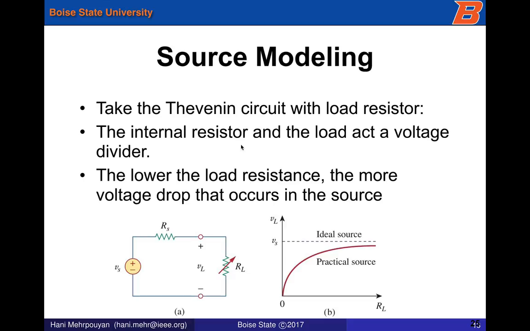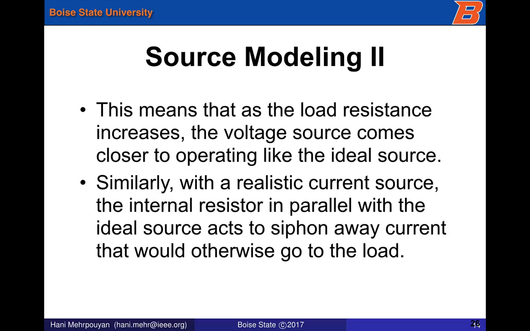So it's very important that we understand that as we reduce the value of this, obviously more of the voltage drop happens to be across RS, and so we're getting closer and closer to VS, which is what we anticipated to receive from this voltage source.